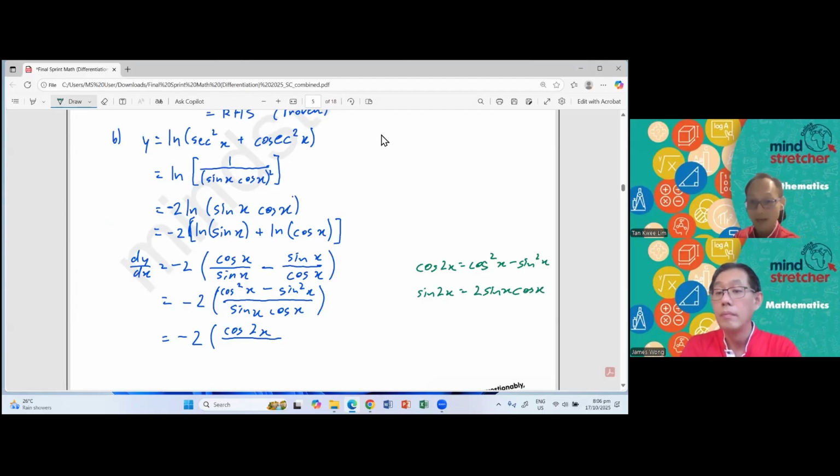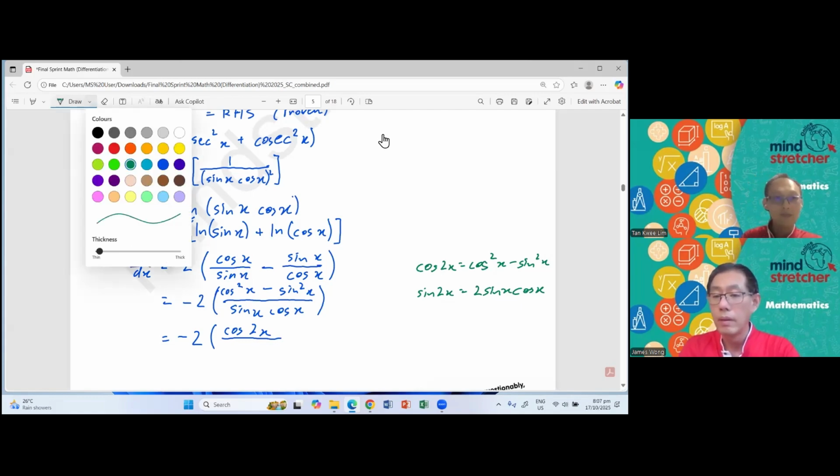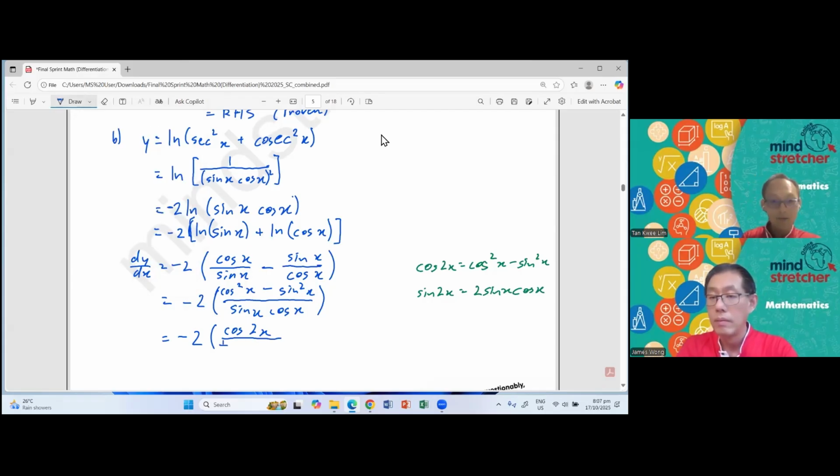However, we only have sine x cosine x, which means it is just half of sine 2x. So we can rewrite this as half sine 2x.